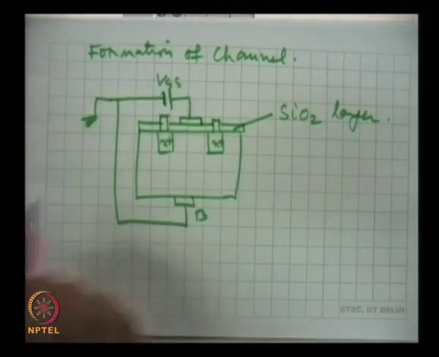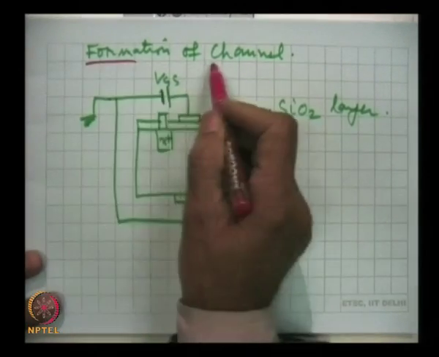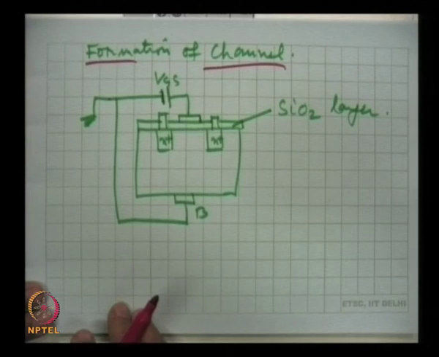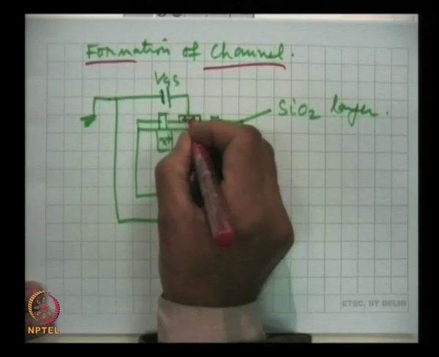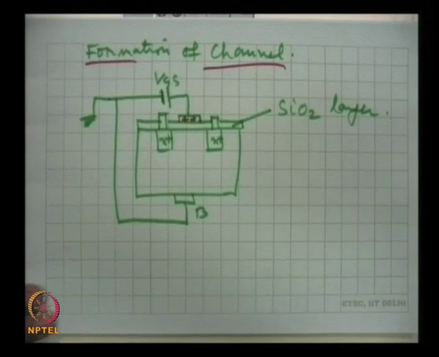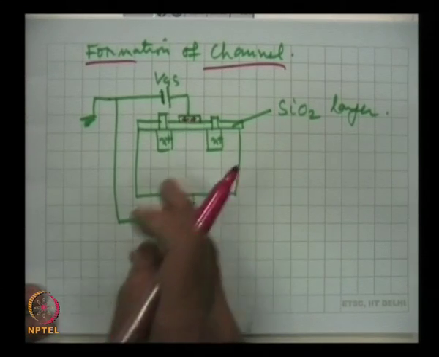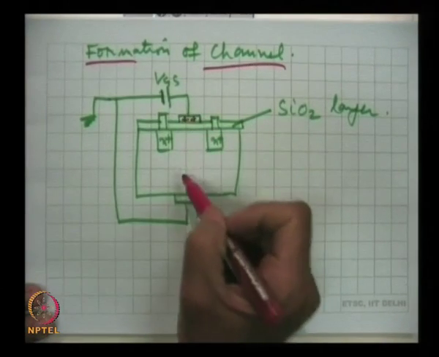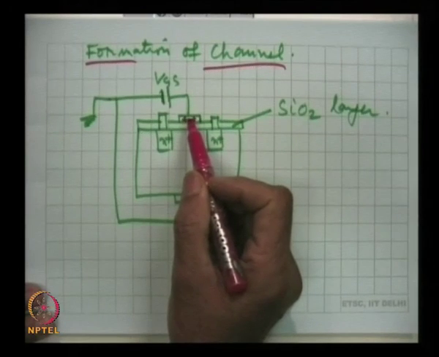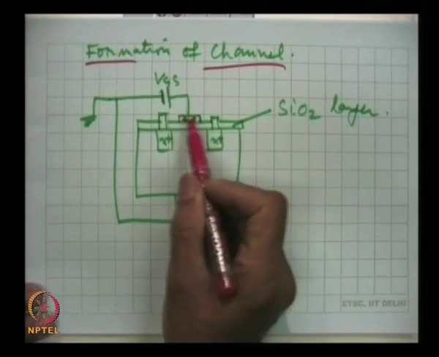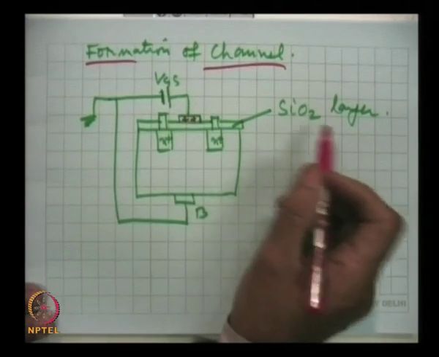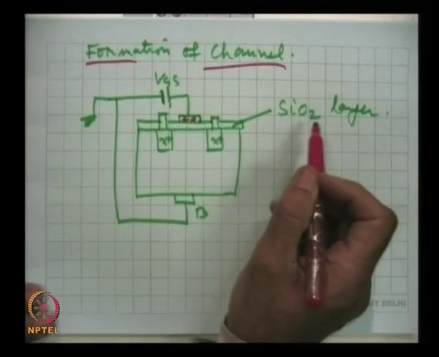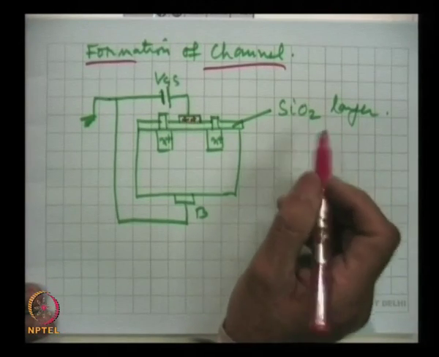This is interesting and important, how a channel is formed by the positive voltage at the gate terminal. The positive voltage will give rise to positive charges on the gate electrode. So, this is the voltage which is established between this semiconductor and this gate electrode. This will polarize SiO2, the silicon dioxide dielectric layer.